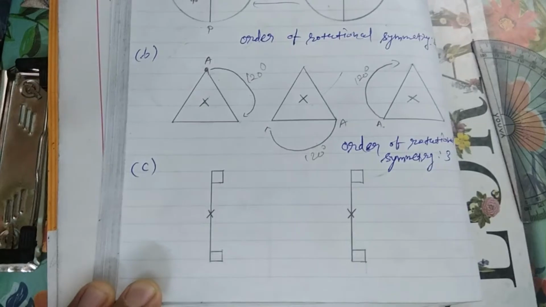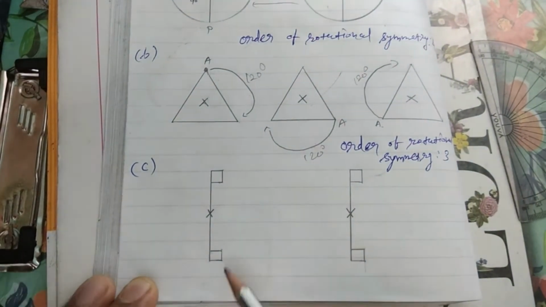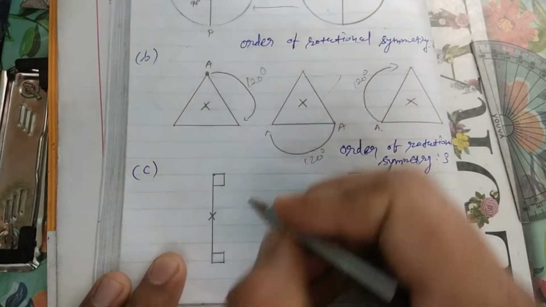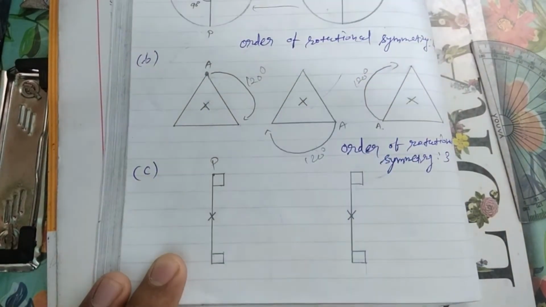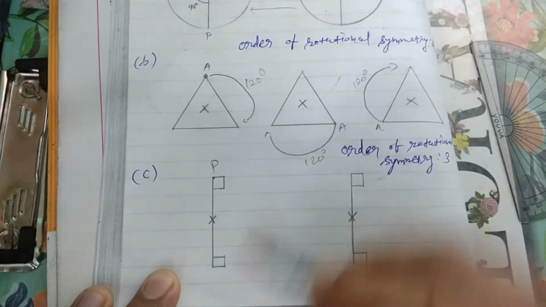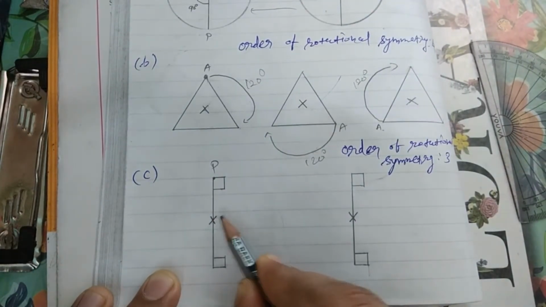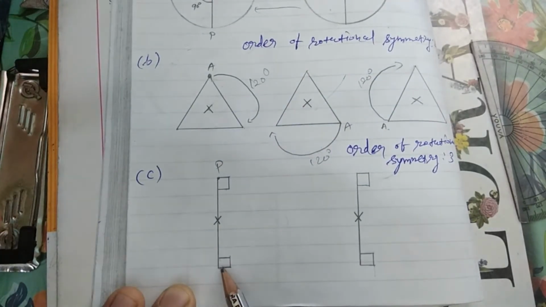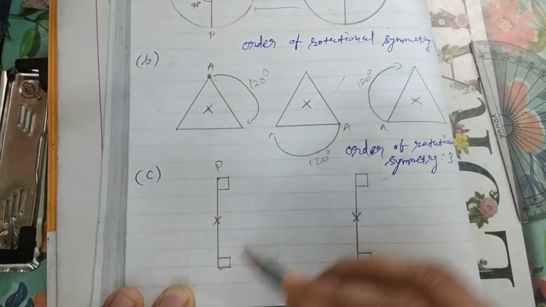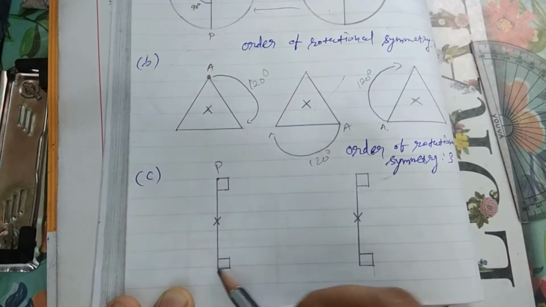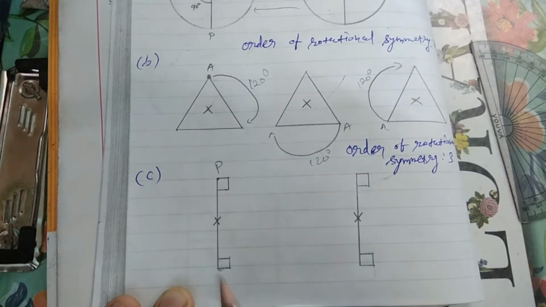Next, see, here this shape is given. Now we will take this point as point P. Now we will rotate this shape in such a way that this point P comes to this place, then we do not get the exact shape.